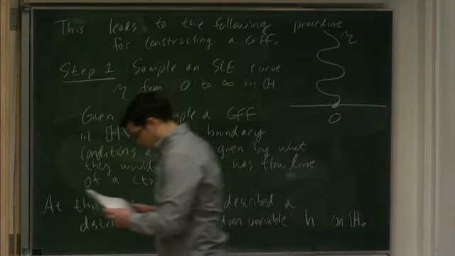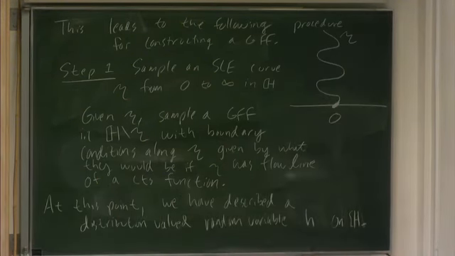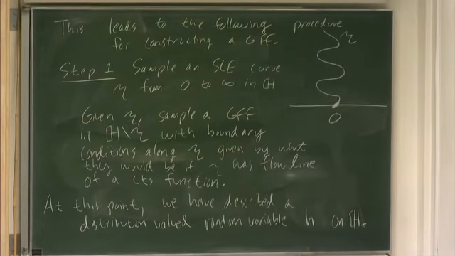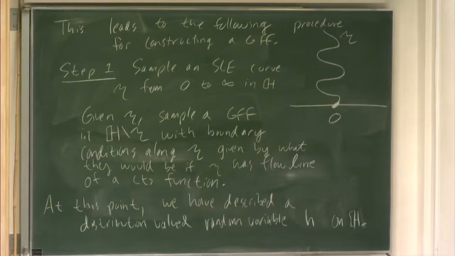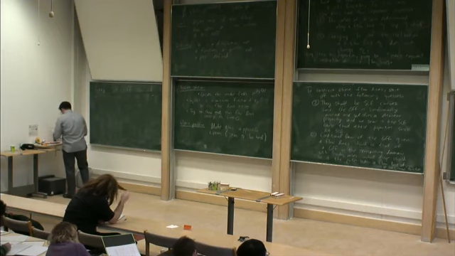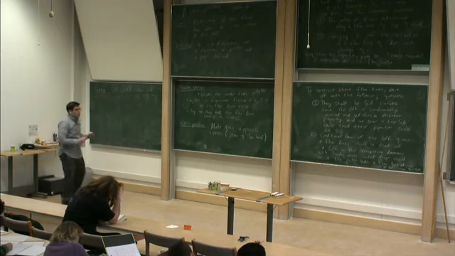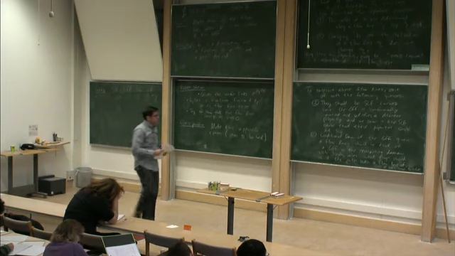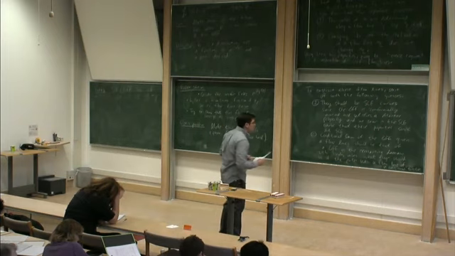Okay, so we have this object, and then what do you do? What you do is you try to show that the law that you get when you integrate over the randomness of the path actually is a Gaussian free field. Okay, so that was the first step.